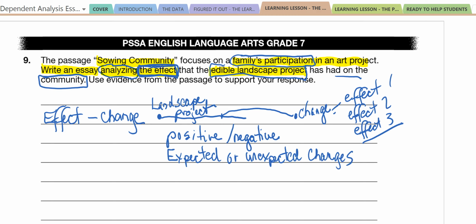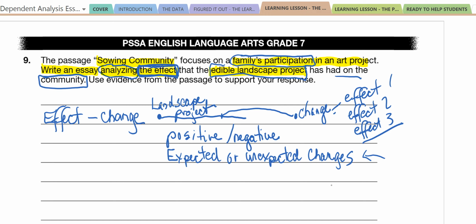If you're putting in an edible landscape, you're growing food somewhere in your yard, I think. And you may have people who love it, you may have people who don't like it, and you may expect or not expect people who like it or don't like it. I'm not sure. So you could look at it in relationship to expected or unexpected changes, positive and negative changes.